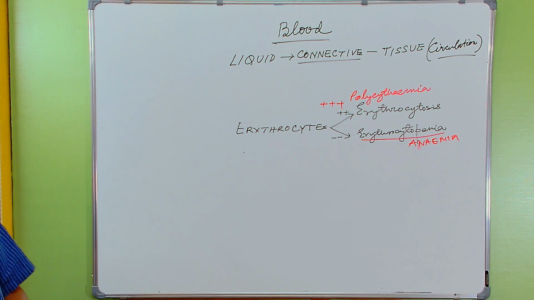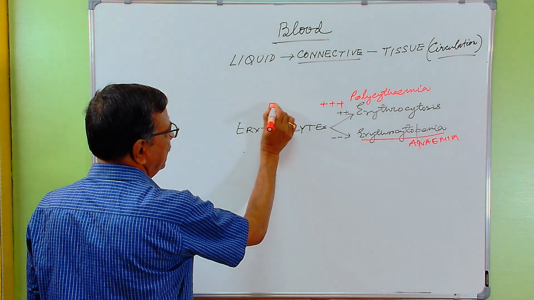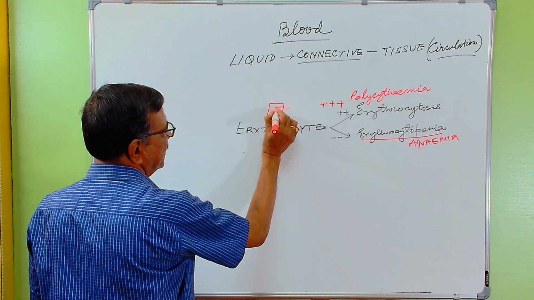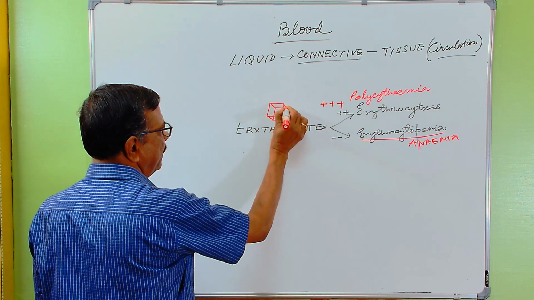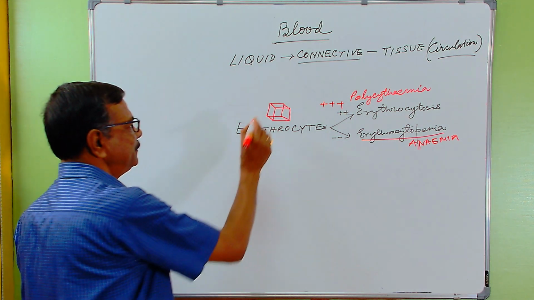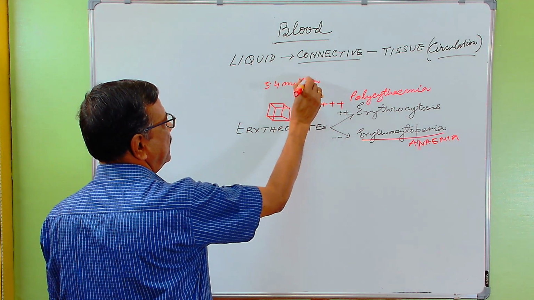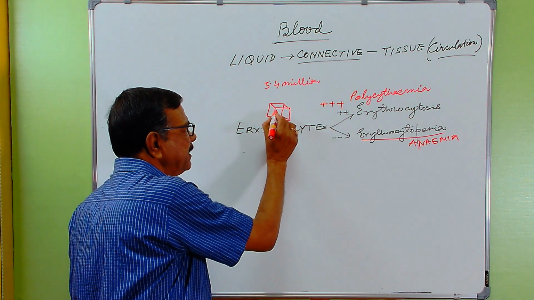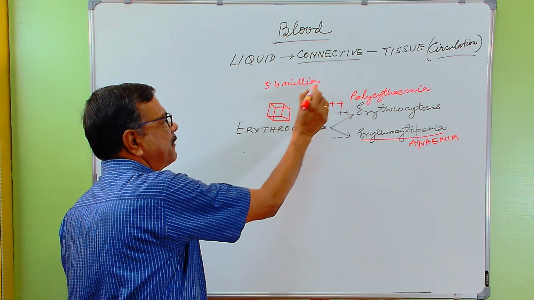Now, these erythrocytes, how much do they remain? Within 1 cubic millimeter, there are 5.4 million RBC, erythrocytes.